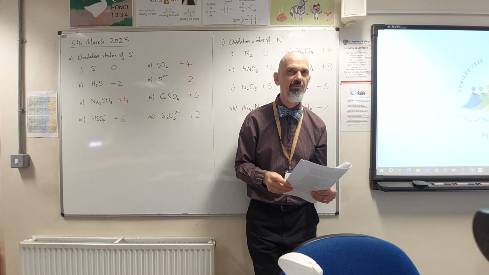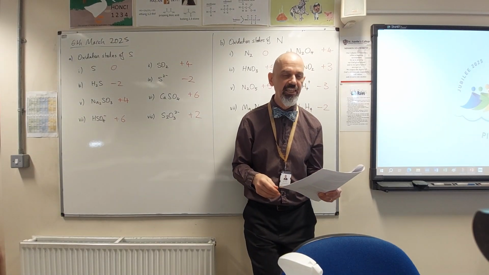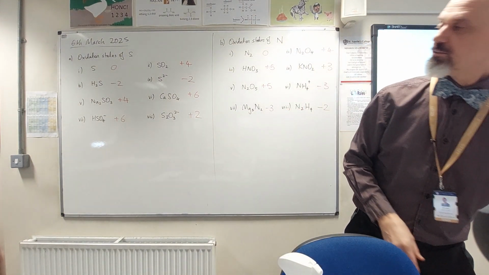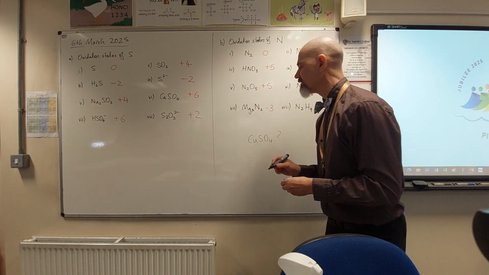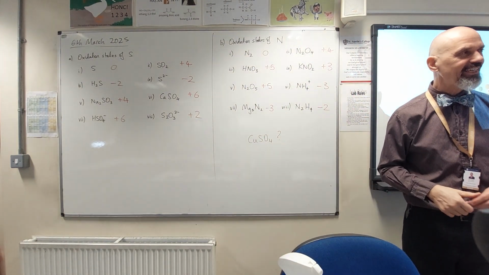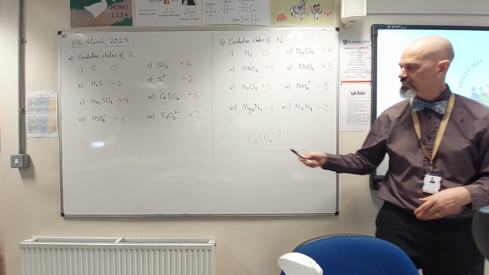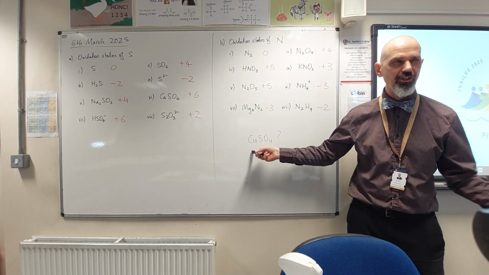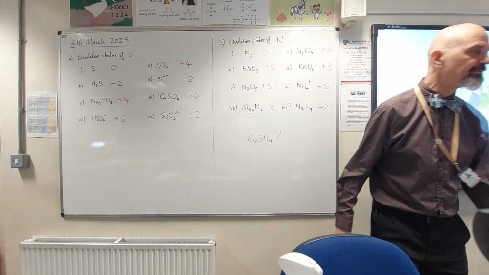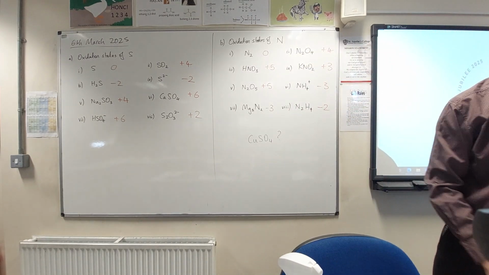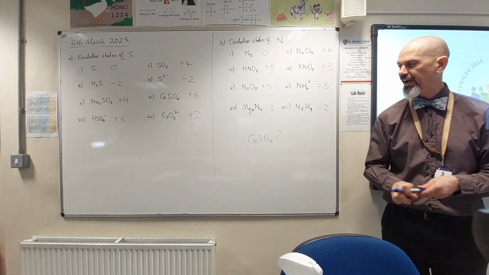When you get something like copper sulfate, CuSO4, you could reach a kind of impasse because the rules don't actually help you, because copper is a transition metal, it can change its oxidation state. Sulfur, as we've just seen, can change its oxidation state. So you need to use a little bit of chemical know-how.